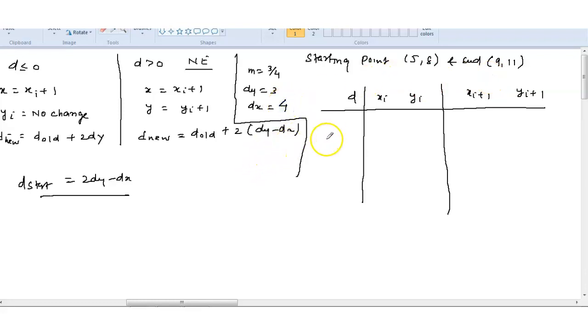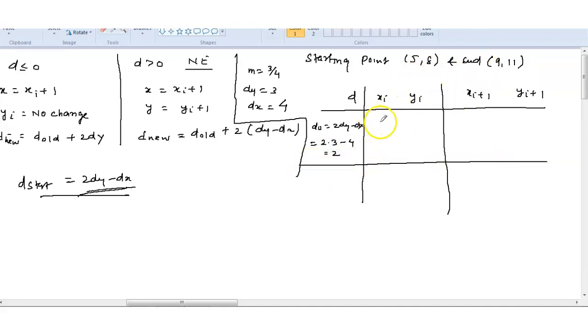So first we will find the value of d naught, which means 2 into dy minus dx at the starting point. So 2 into dy is 2 into 3, 6, minus 4, which is 2.